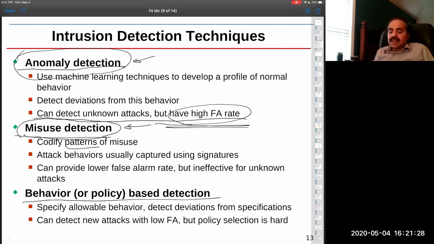The problem is that the false alarm rate is so high that even though something is identified as part of an attack, the person who is looking at these alarms would generally not be able to make out the distinction between a real attack and a false alarm, right?